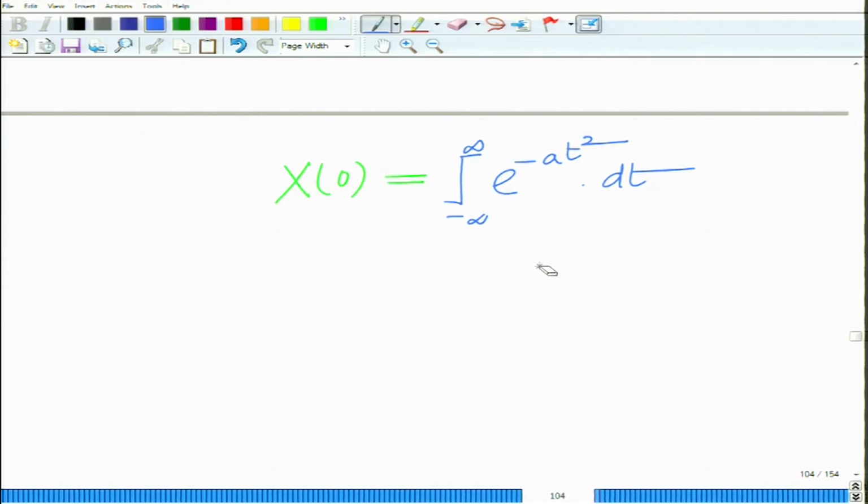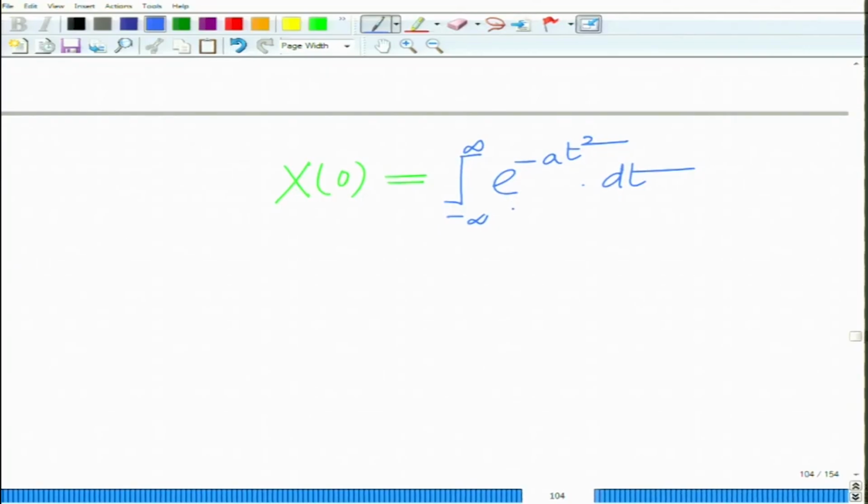We can realize that e raised to minus a t square also represents a Gaussian probability density function, not exactly, but we can consider this with some appropriate scaling to represent a Gaussian probability density function. So, you can see I can write this as e raised to minus t square by 2 times 1 over 2a.